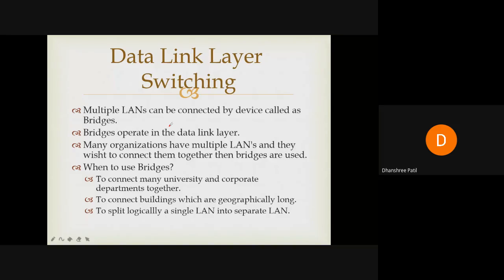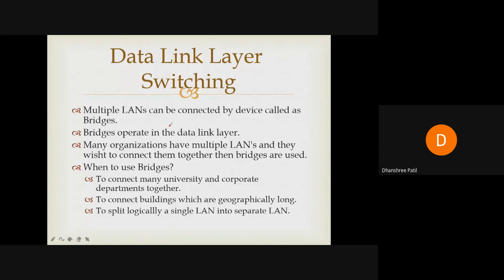So the next point is data link layer switching. Multiple LANs can be connected by a device called a bridge. It may be possible that two separate buildings have two separate LANs, so in that case they need to connect with each other.